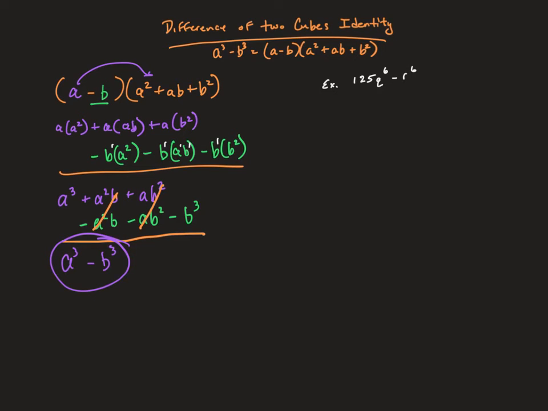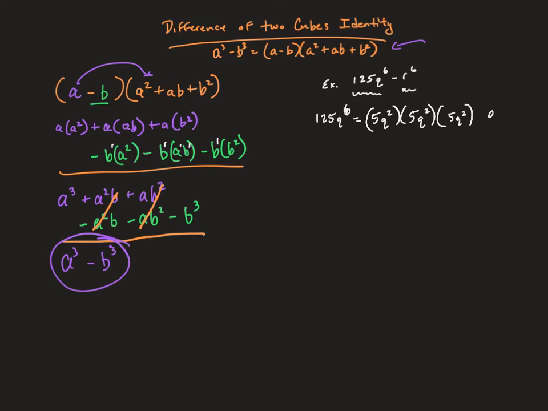So we're going to go ahead and do the same, populate this just like we did on the last example, and knowing that if I look at this, hopefully you recognize this is a cube and this is a cube. 125 q to the 6 should be 5q squared times 5q squared times 5q squared.